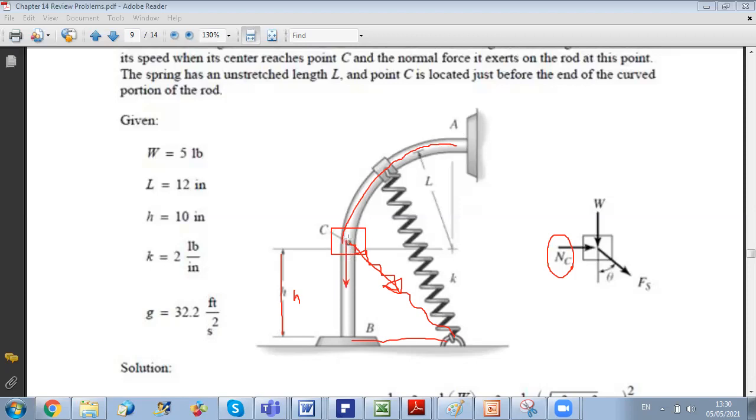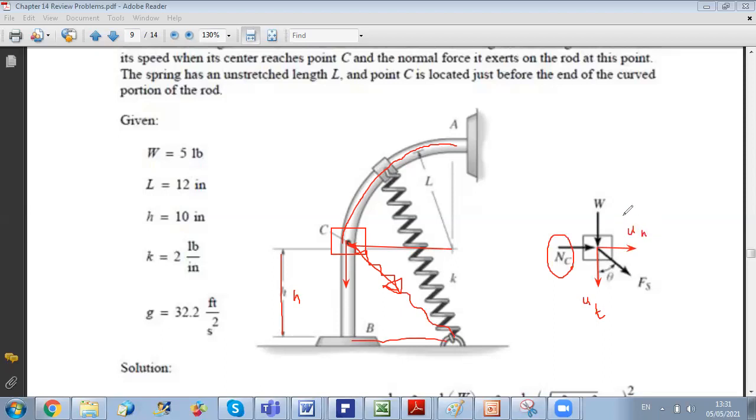At point C, it will be along the vertical, because as you can see here, at C, the radius is horizontal and UT is perpendicular to the radius. So at this location, this is UT, and UN always is perpendicular to UT, directed towards the center of curvature. So at this position, this is UT, and this is UN.